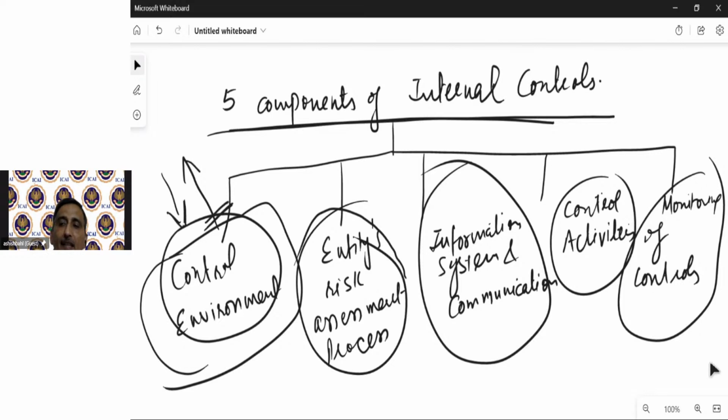Now third thing. Third thing is information system. Information system including related business processes relevant to financial reporting and communication. So this is the complete name of this component. I have written it in short, keeping in view the space availability on the whiteboard. So the third point, I am again repeating it, is information system including the related business processes relevant to financial reporting and communication.